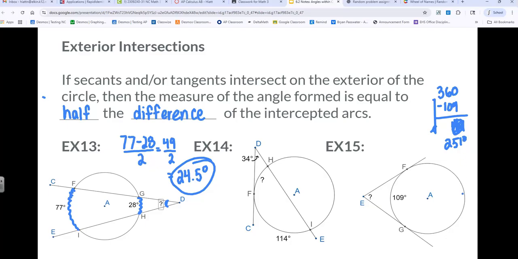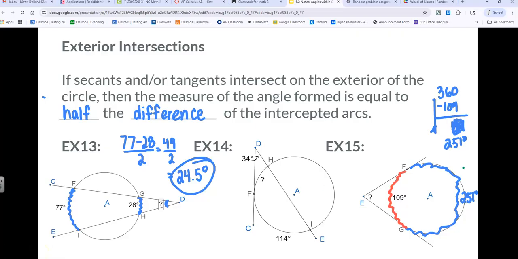Okay, so that's this outside arc, right? We've got this arc right here is 251, and then we've got this inside arc is 109, right? And because that adds up to be the whole circle in this particular case, we can just subtract from 360.